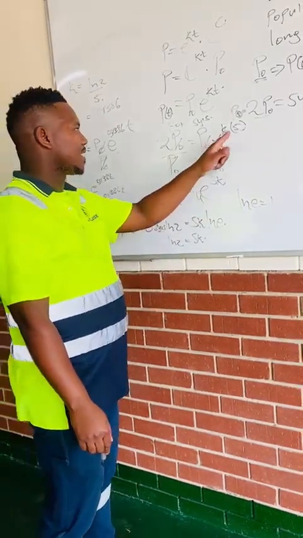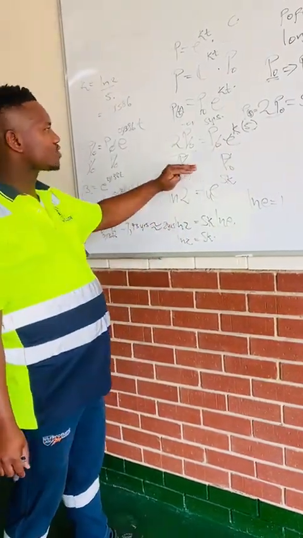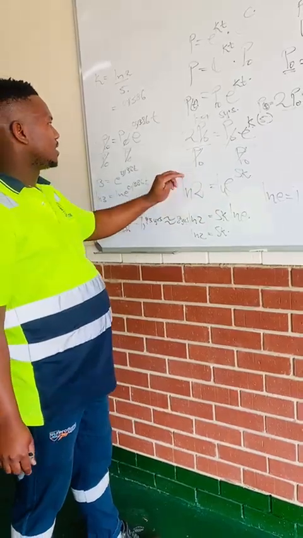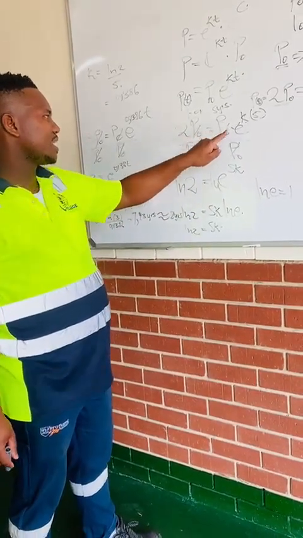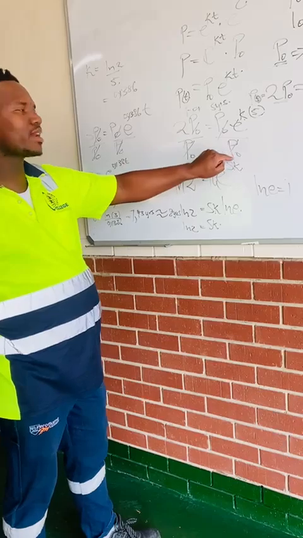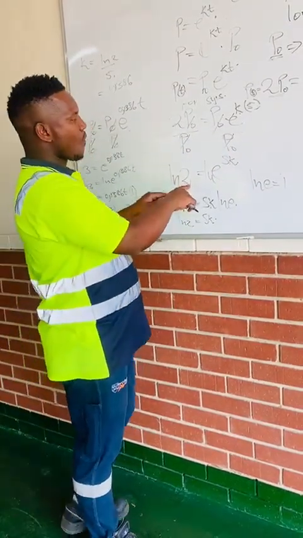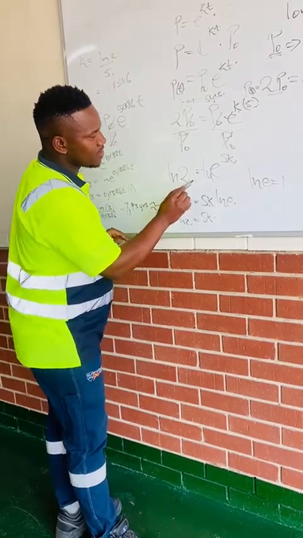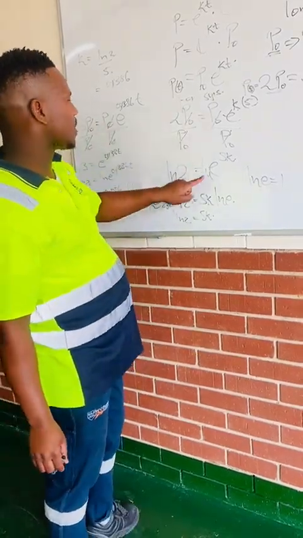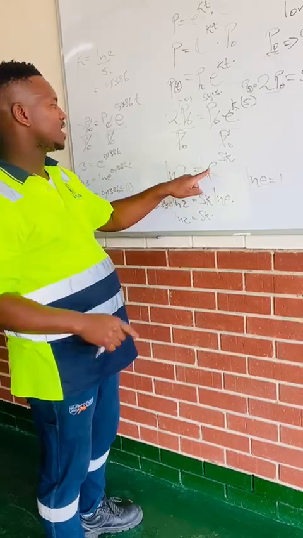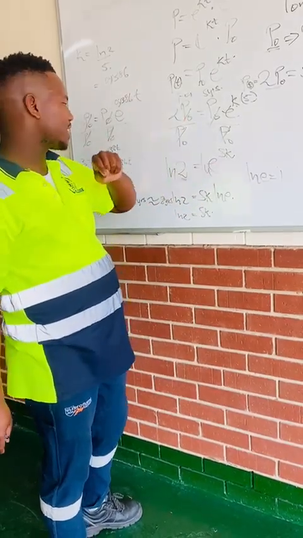All right, now this is what is going to happen. We are trying to solve for k now. You divide both sides by P naught. P naught will cancel P naught. You're left with 2, and this side will be equal to e to the power 5k.